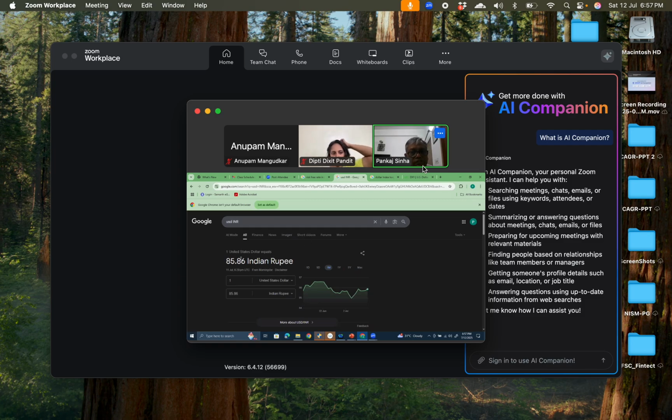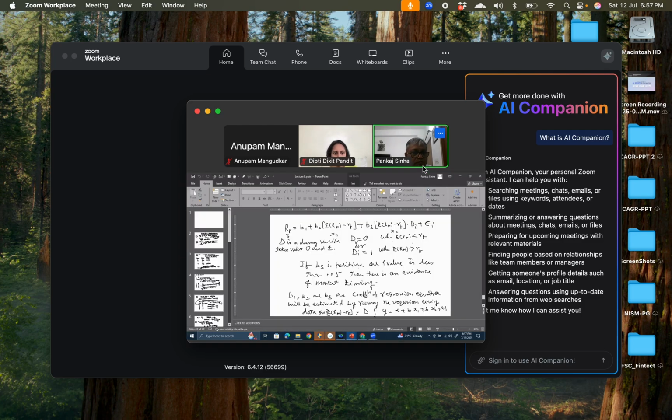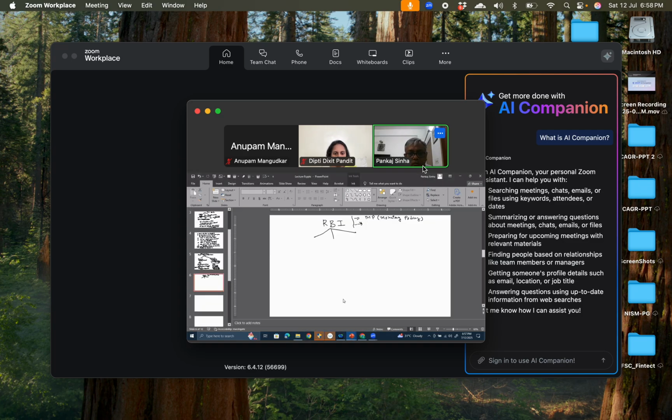Now, the USD INR rate. When I'm talking about whichever country is in the denominator, this is also how to read the exchange rate. This is also a technique to read it. So what is this USD INR rate?